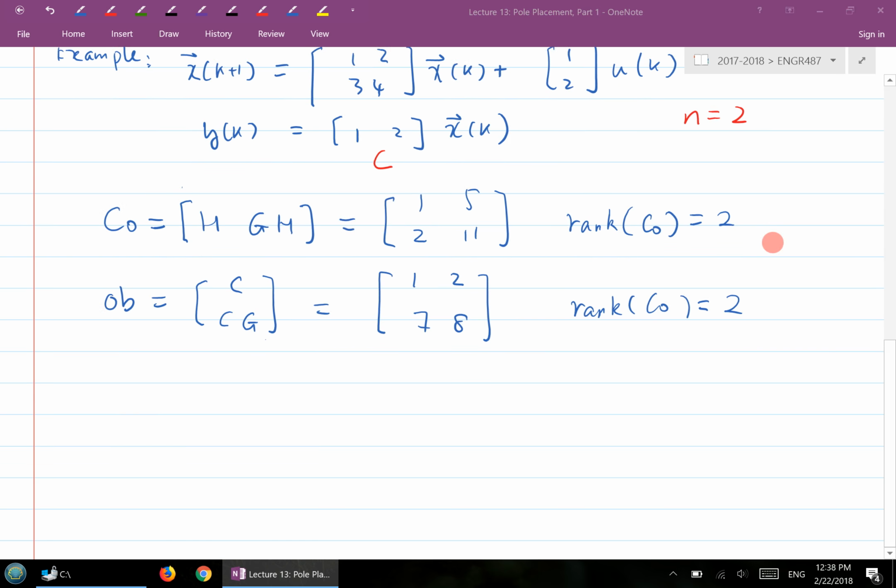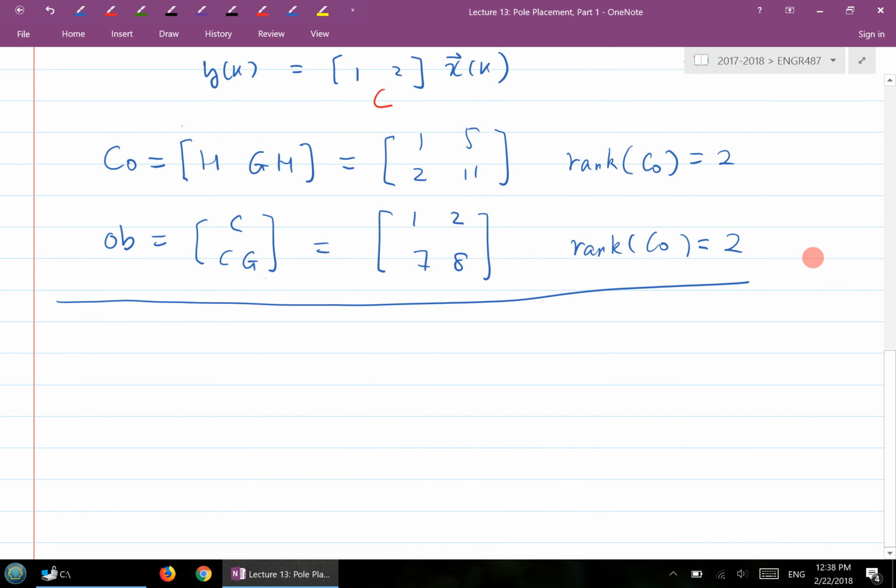So here I have one final theorem that I basically wanted to present. Now we're talking about controllability, we're talking about observability, but we need to put these together. Basically, the question is, is there a condition that guarantees complete controllability and observability at the same time?